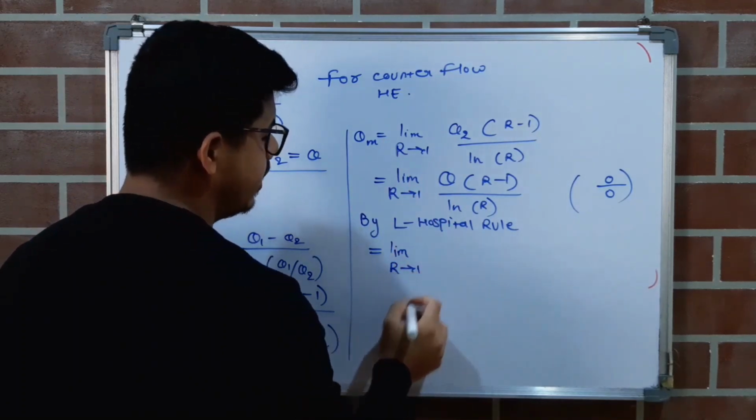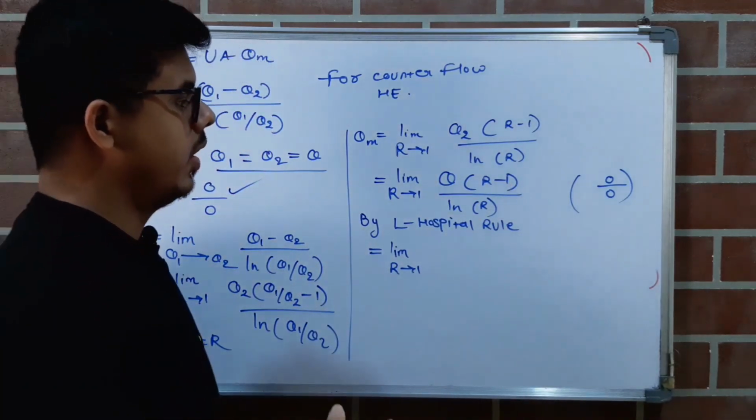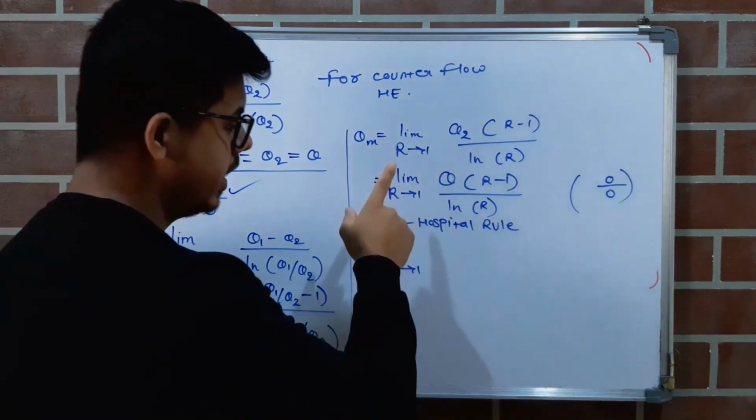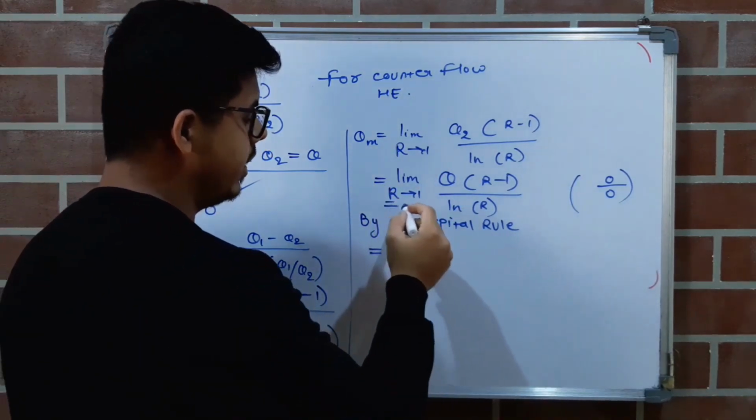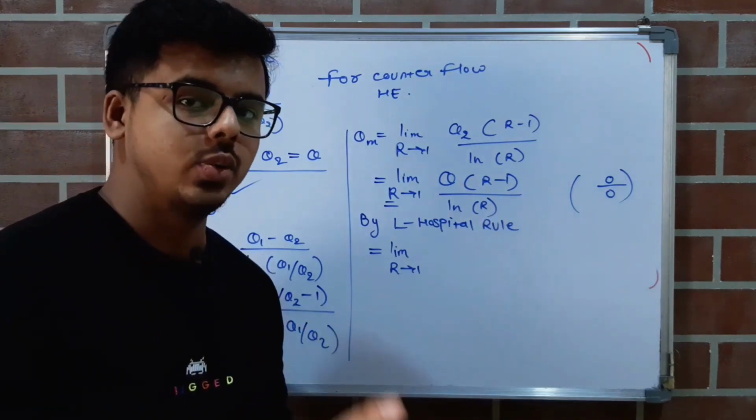Limit r tends to 1, differentiating with respect to what? We have the variable as r. So we will differentiate with respect to r.